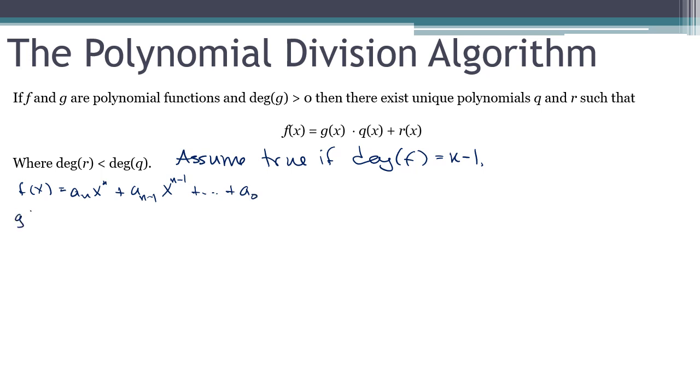And we're going to let g of x equal b sub m x to the m plus b sub m minus 1 x to the m minus 1 plus so on out to b sub 0.